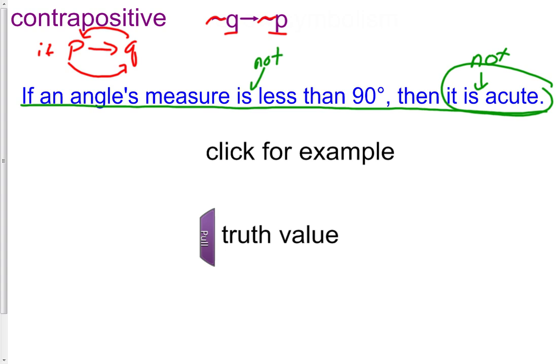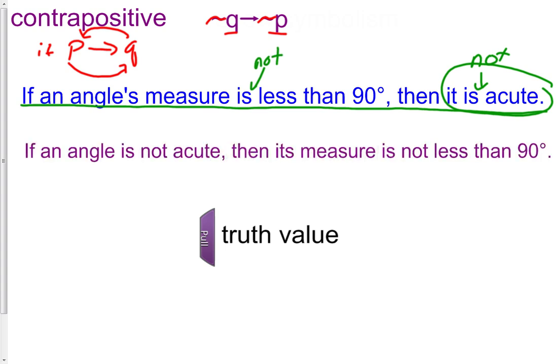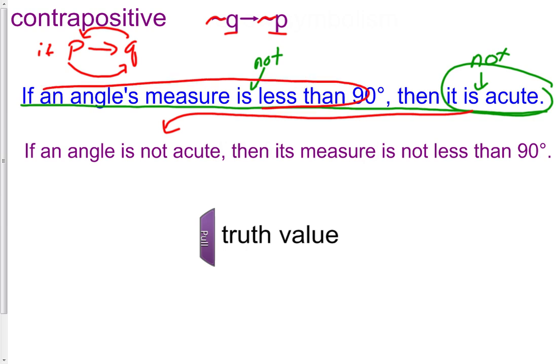And that's what we're going to write right here. So if an angle is not acute, then its measure is not less than 90 degrees. You can see how the Q statement came first with a not on it, and the if part, the hypothesis, came second, also with a not on it.